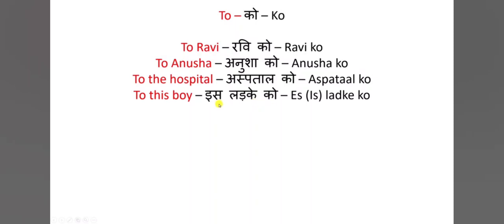Is also in the oblique form. Why? Because we have a post position here. Preposition in English, post position in Hindi. So, is ladke is in oblique form. Is this, ladke is boy.